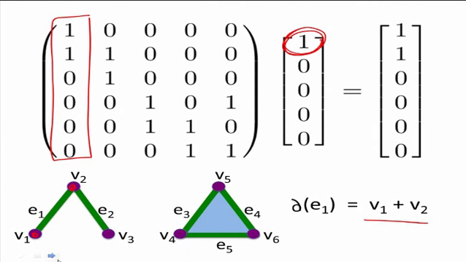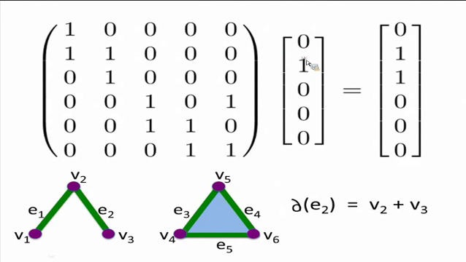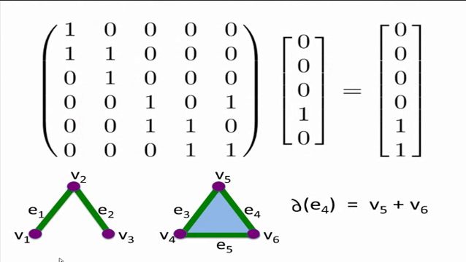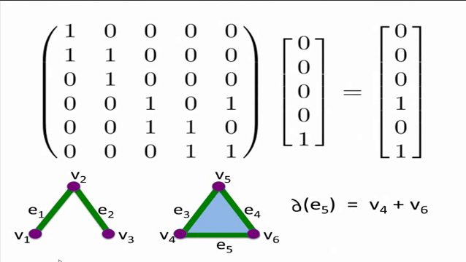I can similarly do that for E2. A 1 in the second row means I'll pick up the second column, and that is exactly where my boundary came from. So that's why my second column has the boundary V2 plus V3. And we can do that for E3, E4, and E5.